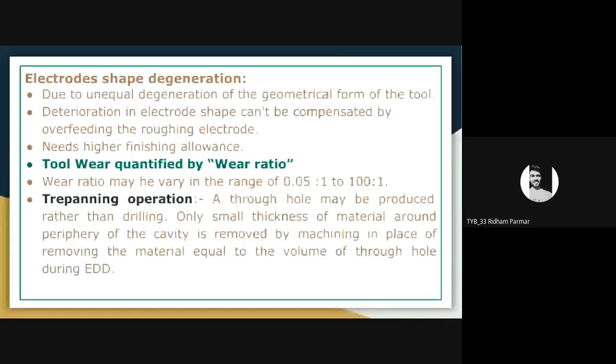Due to unequal generation, suppose you have taken a cylindrical tool. At the corner of the tool, the relative field intensity will be more.